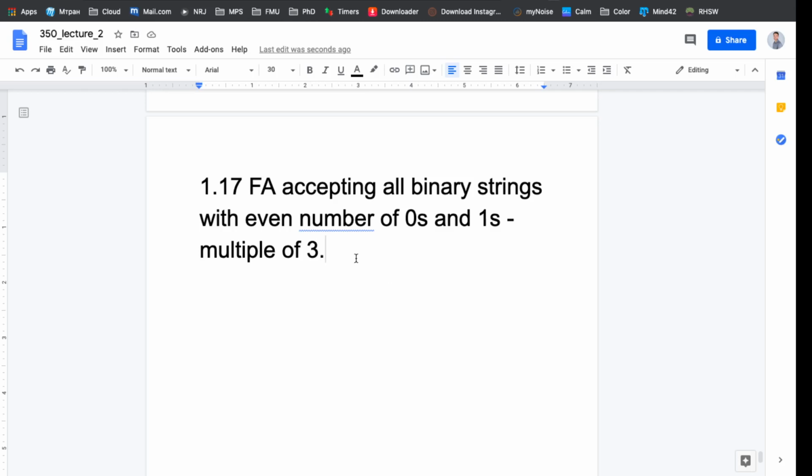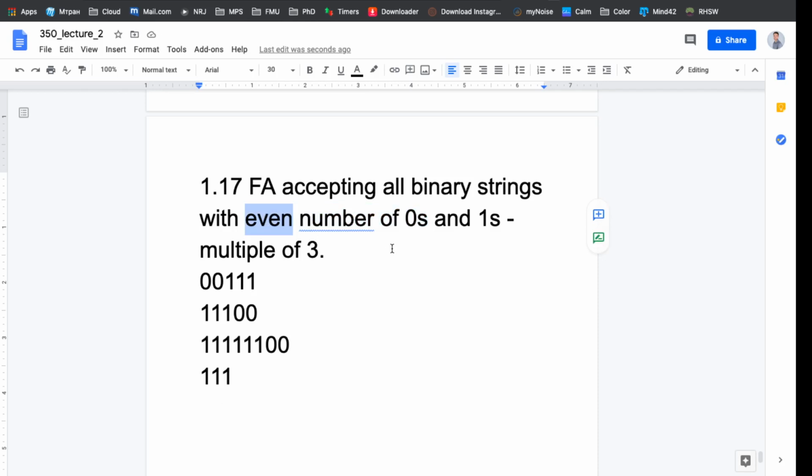Okay, so let's come up with a couple of strings. 0, 0, 1, 1, 1 should be accepted. 1, 1, 1, 0, 0 should be accepted. Also, 6 ones, 0, 0 should be accepted, right? But also if I have 1, 1, 1, that should also be accepted. Why? Because I have 0 zeros, and 0 is still an even number, right?